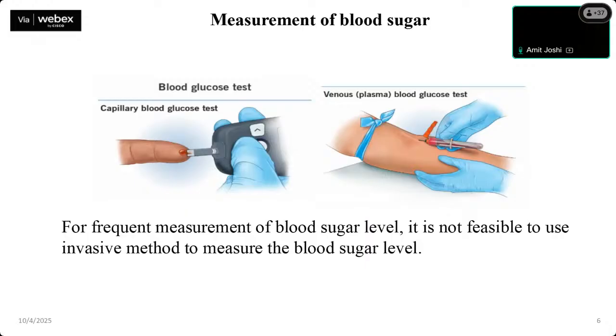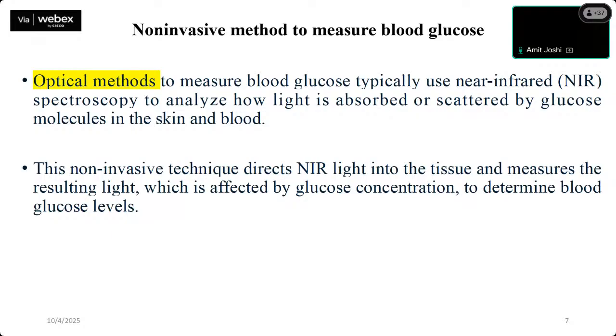For frequent measurement of blood glucose, it is not feasible to use an invasive method to measure the blood glucose level. Now, for type 1 diabetes, insulin consumption is very essential. For insulin consumption, we would like to have a measurement of blood glucose, because the quantity of insulin you need to consume is often derived from the present blood glucose value.